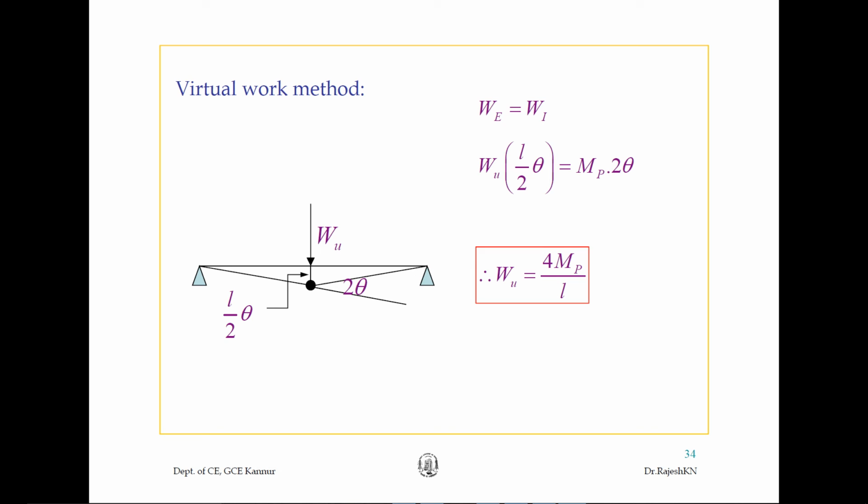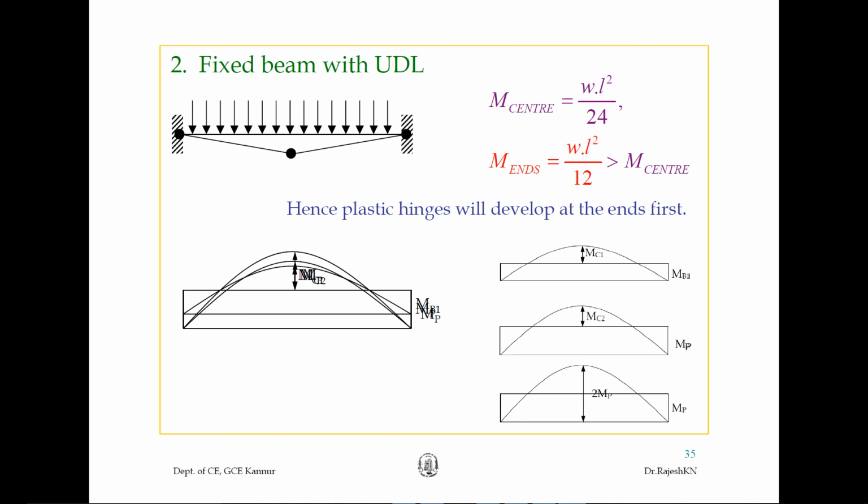Internal work done is MP, the plastic moment, into 2 theta, which is acting at the center. The external work done is WU, and the distance is L by 2 into theta. WU into L by 2 theta is equal to MP into 2 theta, so WU is equal to 4 MP by L.